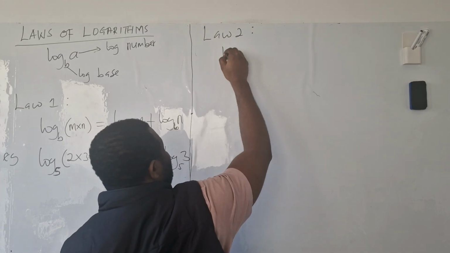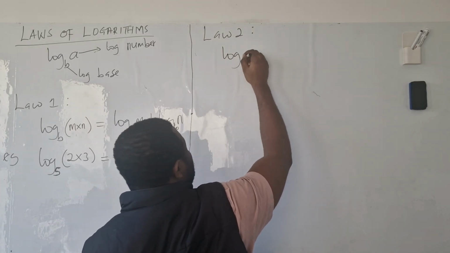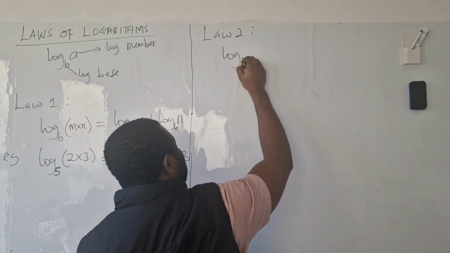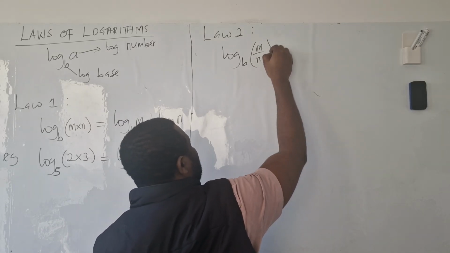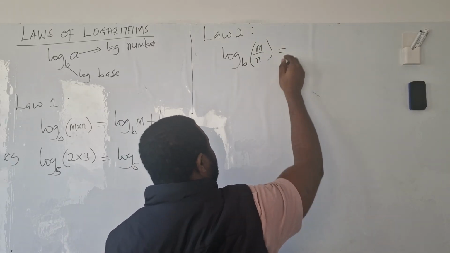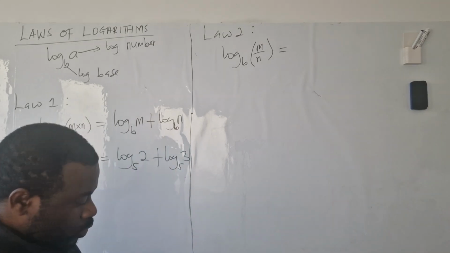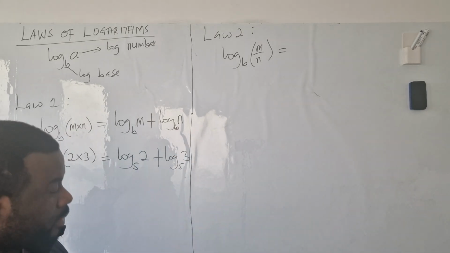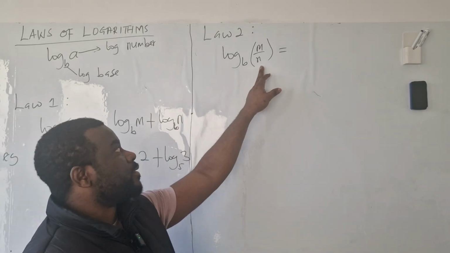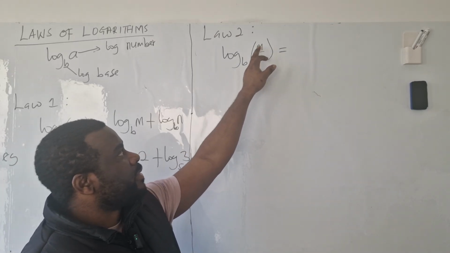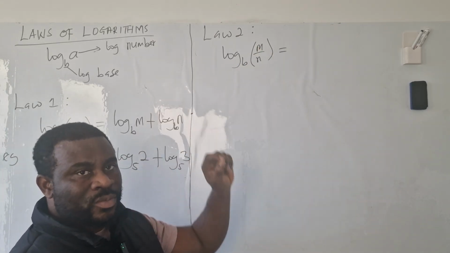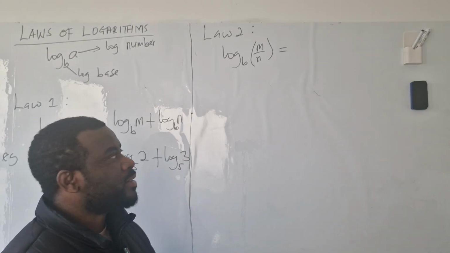Law 2 says that if I have log to the base b of two numbers dividing each other like this with a common base, then I can separate the division of the two numbers with a subtraction sign.